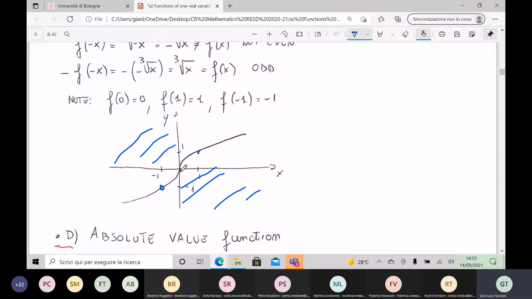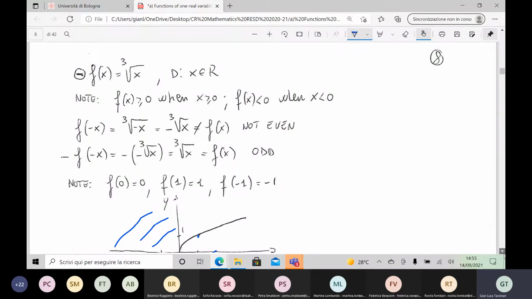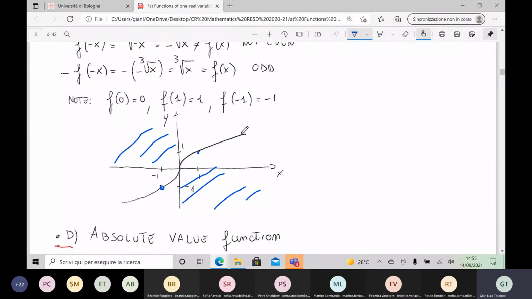But what I want you to realize, why I told you that this point and this point are important, is because, as you should be able to imagine, all the irrational functions like this one, like for example cubic root of x, root of order 5 of x, root of order 7 of x, share a very similar pattern.